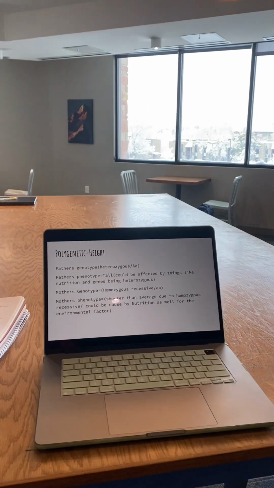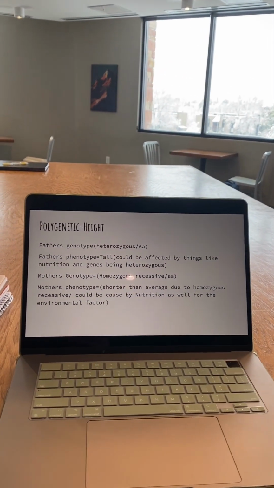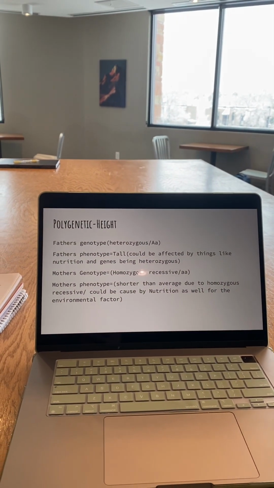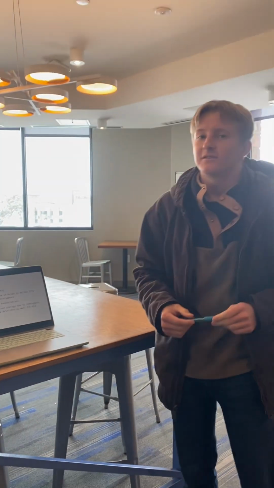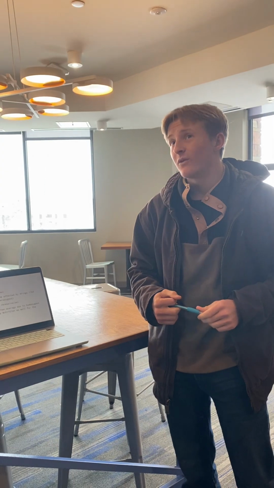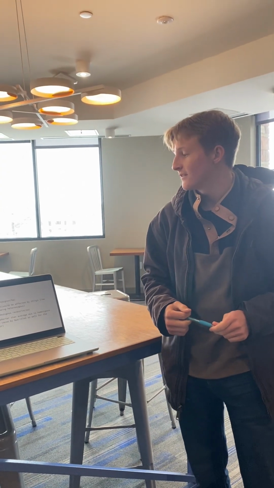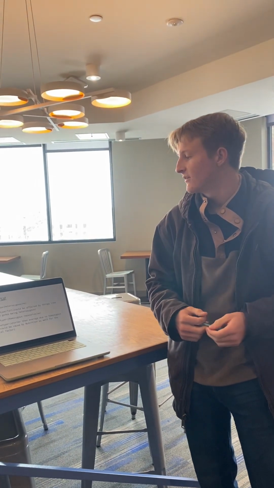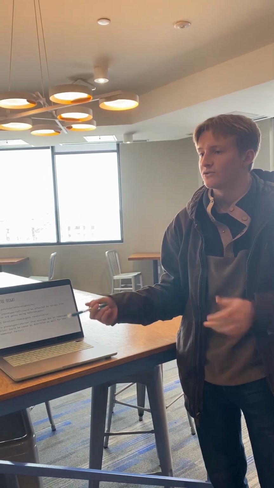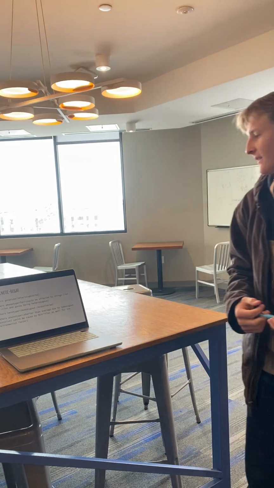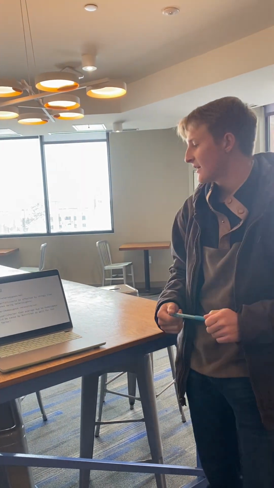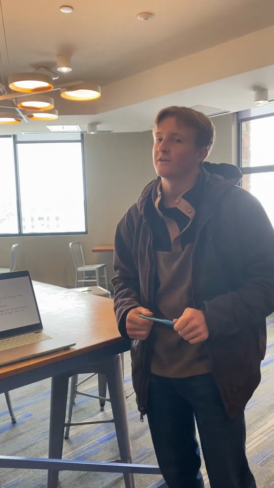And then polygenetic height. The father's genotype is heterozygous, so big A, little a. The father's phenotype is tall. Johnny Depp is 5'10", so that's like, I think, 4 inches taller than the average in the United States. If you put him up against someone who's shorter, you would see that he's taller than average. The mother's genotype is homozygous recessive. Dolly Parton's like 5 foot.